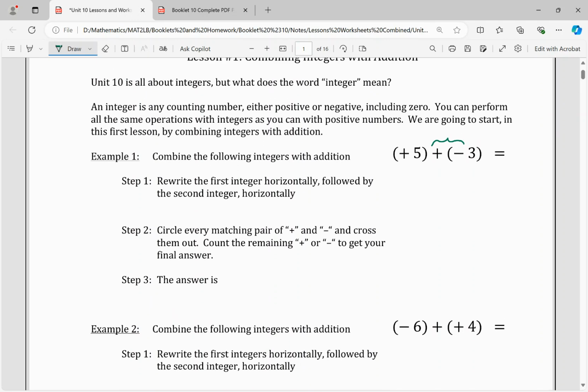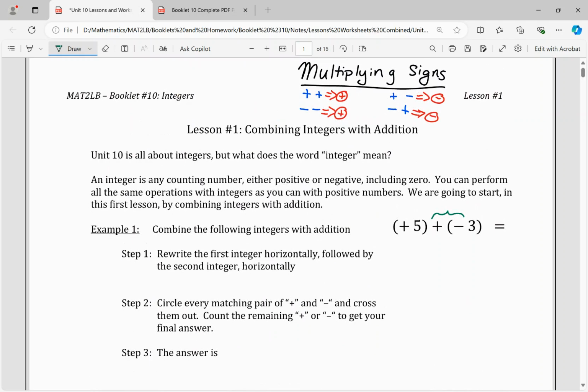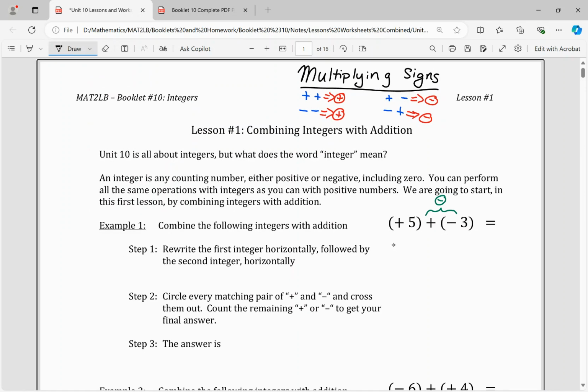That positive and that negative that are right next to each other, that's a kind of multiplication that's happening. And we can combine those, and because they're different signs, that's going to become a negative. So if I wanted to, I could rewrite this statement as positive 5 minus 3.